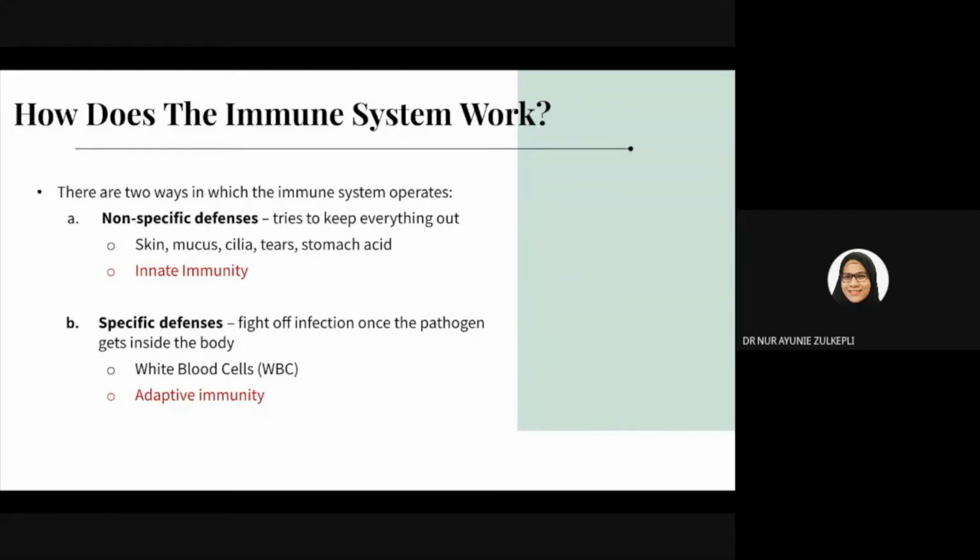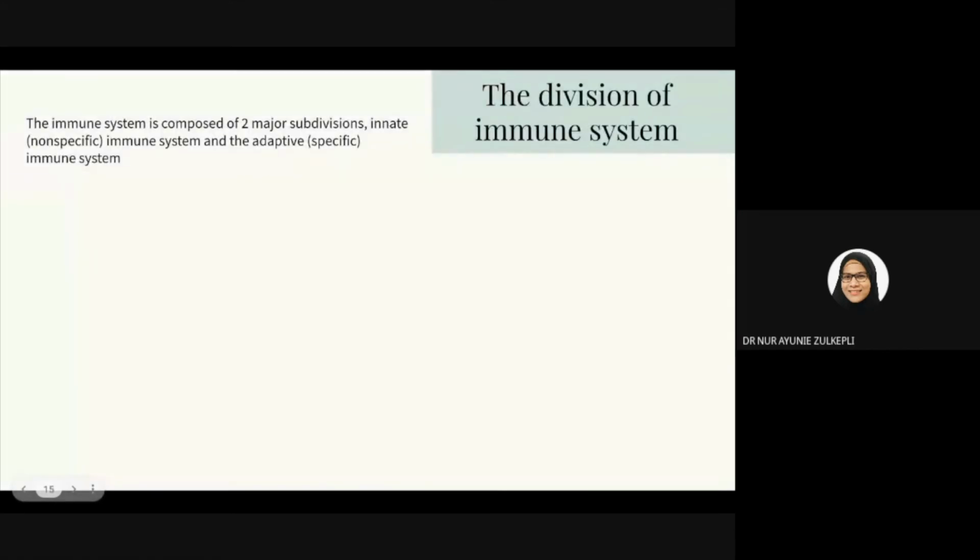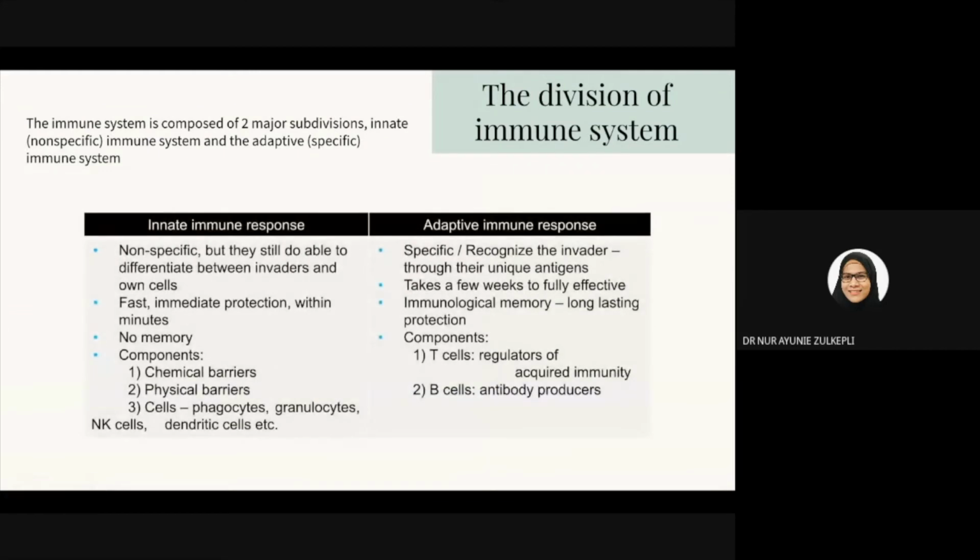The first one is non-specific, and the second one is specific defense. The non-specific we usually call innate immunity, and specific is adaptive immunity. Okay, let's see how different they are. So the innate immune response is non-specific, and the adaptive is specific.